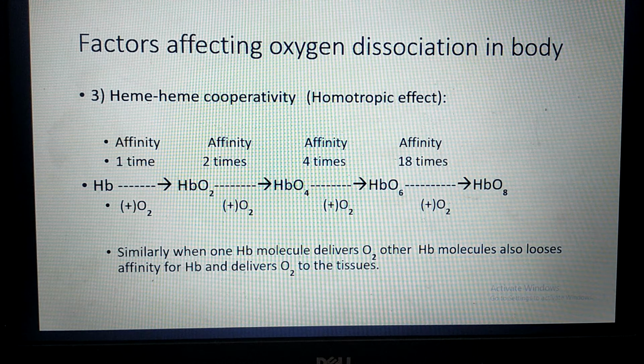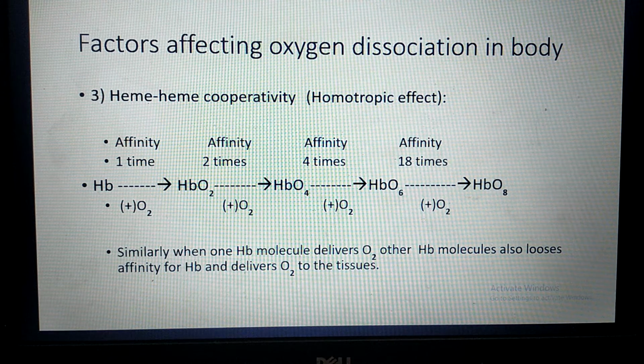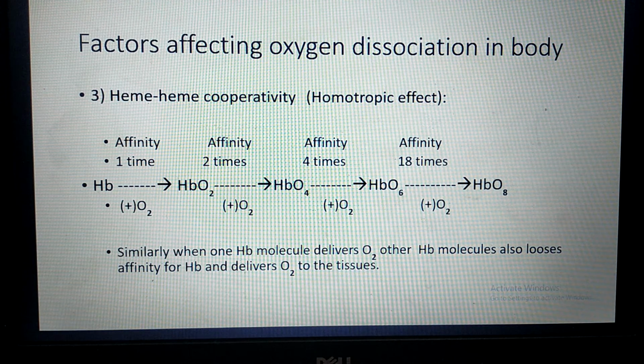First I will explain this heme-heme cooperativity at lungs. When deoxygenated hemoglobin reaches the lungs, all of us know that each hemoglobin has 4 subunits. In the beginning, the affinity between deoxyhemoglobin and oxygen is 1 time.